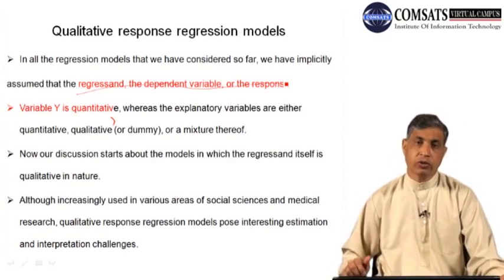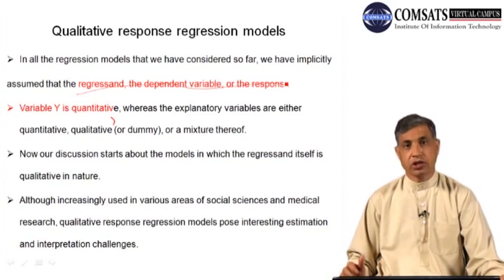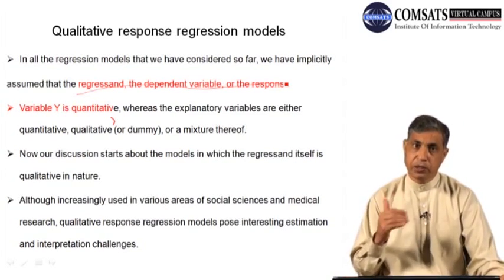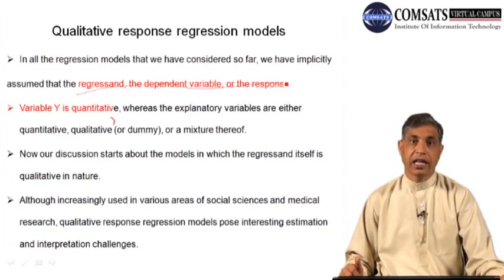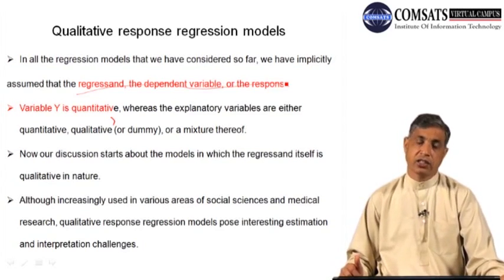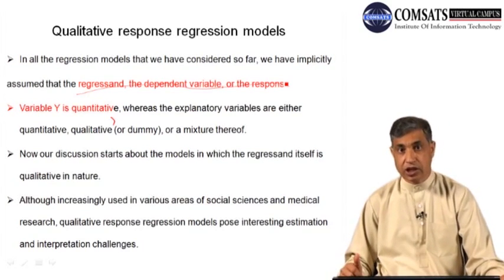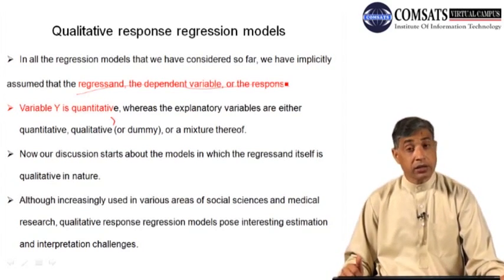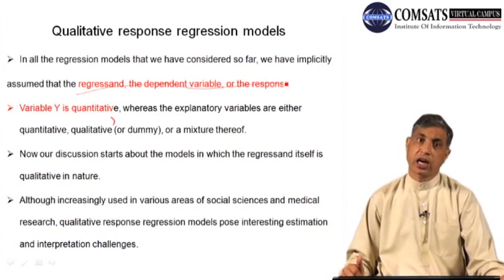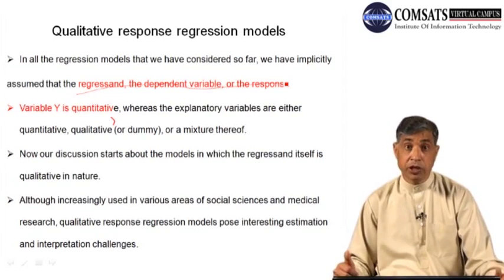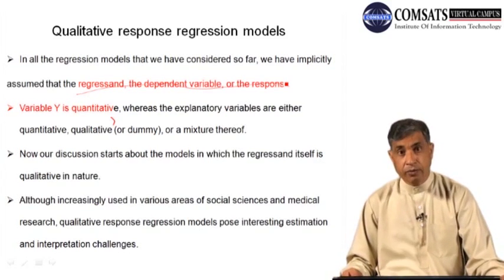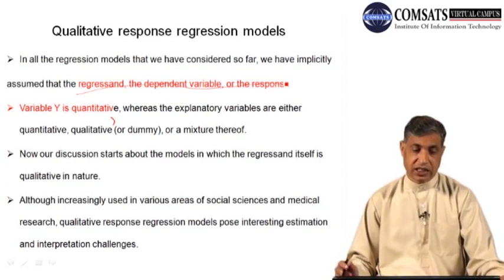Every time we talked about the independent variable, we implicitly assumed that our dependent variable, the regressant, is a ratio scale variable, but it is not necessarily true that it is always a ratio scale variable. It may be a dummy variable, and from today we will start this discussion.